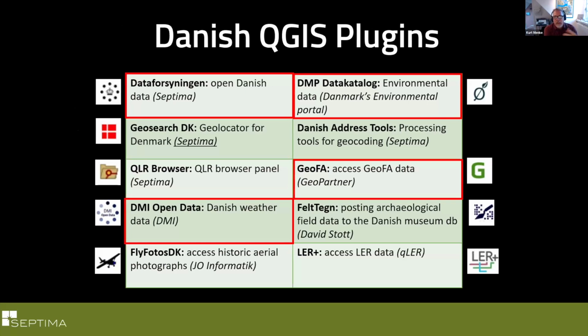There's the data for Suning, which is basically the Danish national map. There's environmental data, weather data, and the GeoFA recreation data. There are plugins for all of these so that you can easily pull them into QGIS and work with them.